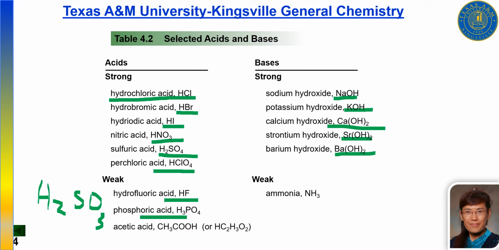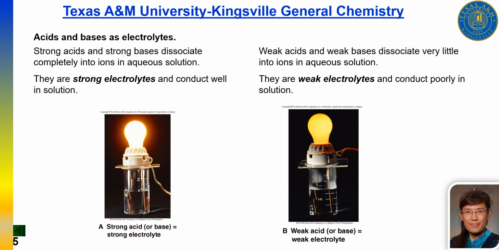H2SO3 is a weak acid. And your acetic acid is the commonly used household vinegar aqueous solution. So acetic acid, CH3COOH. A very commonly used base is called ammonia. This ammonia is commonly used weak base, partially dissociated.